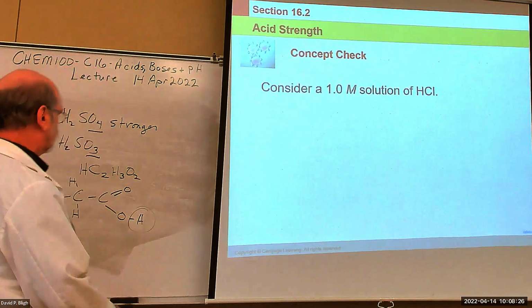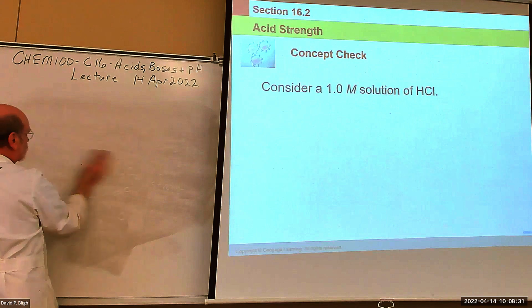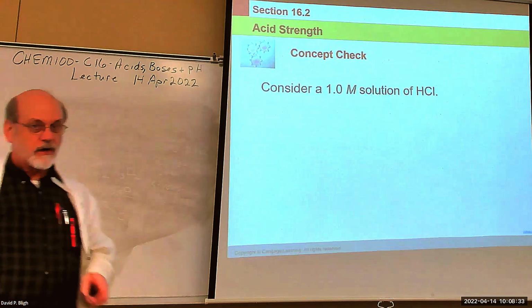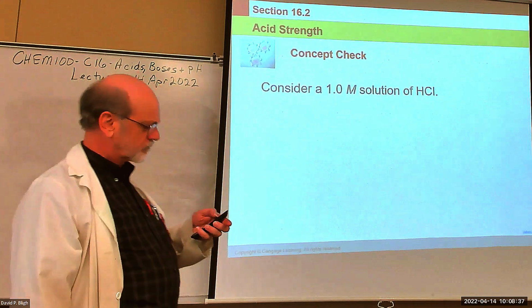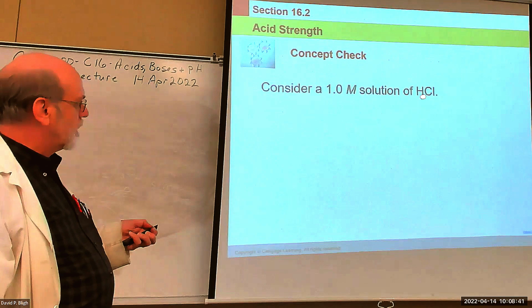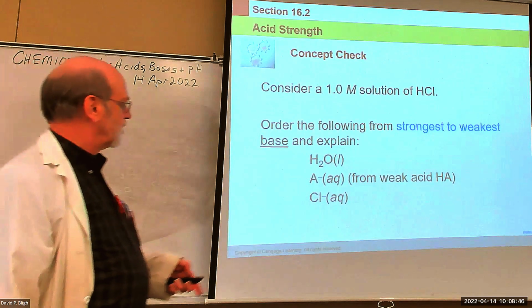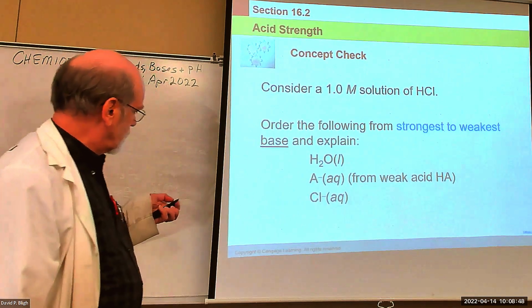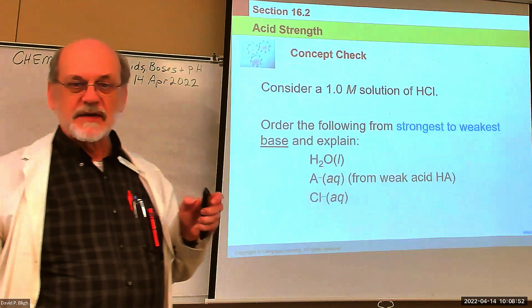All right. So we are going to have some calculations. Not many, but a few. If you have a 1 molar solution of hydrochloric acid, then put these things here in order of strongest to weakest base.